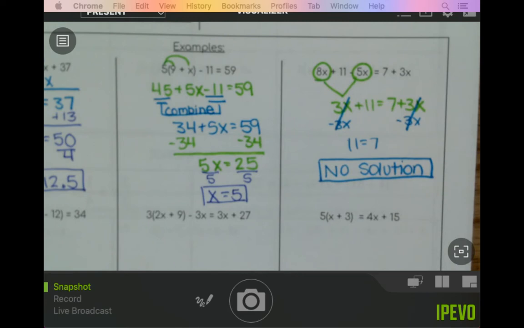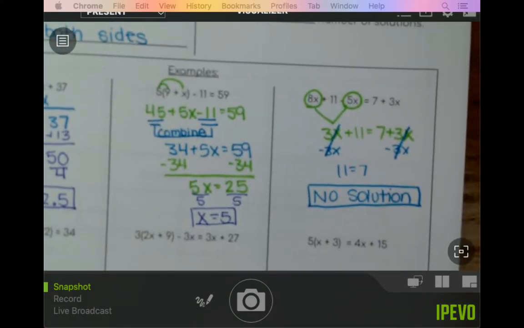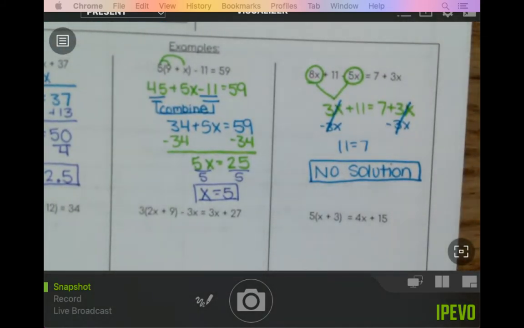If you get something that does not make any sense at all, like 11 equals 7, that's no solution. And I'm going to skip around a little bit and move to the middle bottom in a second so that I can show you what infinite solutions look like, which is essentially 11 equals 11 instead of 11 equals 7, if you actually get something that makes sense.